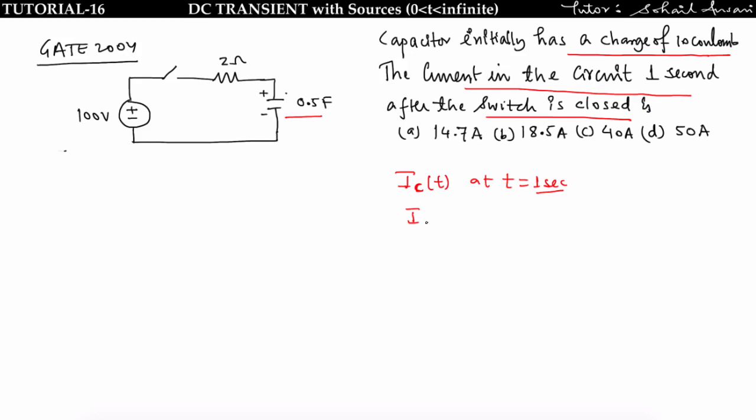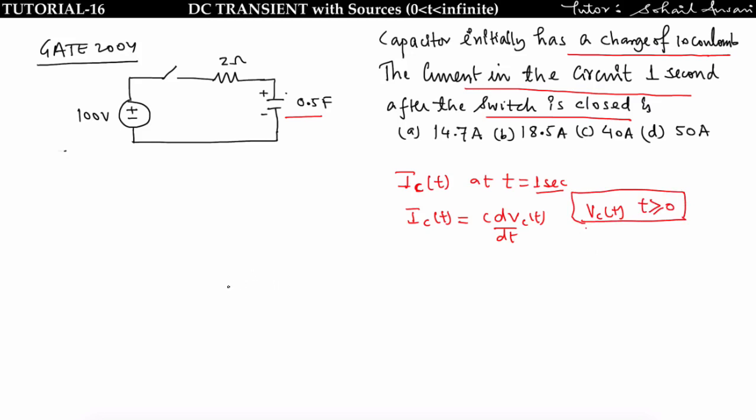We know that IC of t is equal to C dV upon dt. So if I find Vc of t for t greater than or equal to 0, then I can easily find IC of t. So first find Vc of t for t greater than or equal to 0.